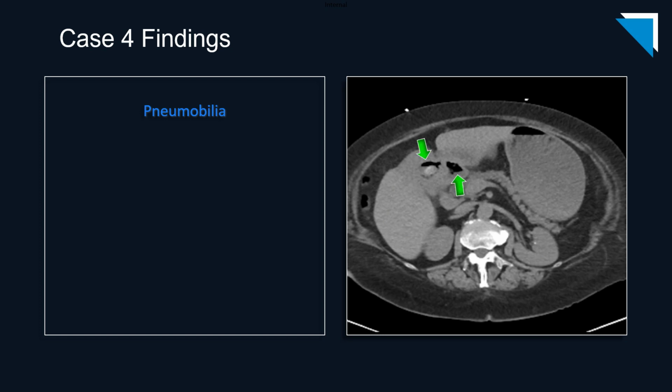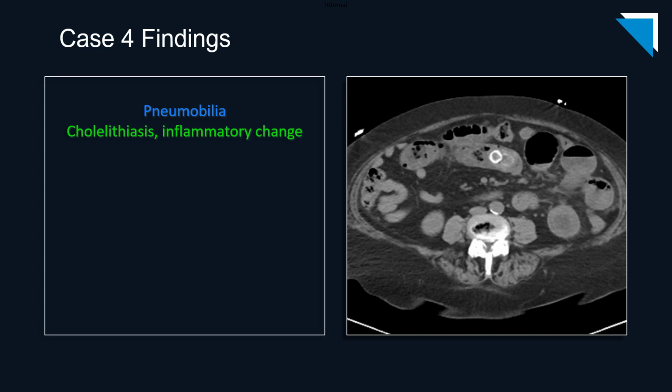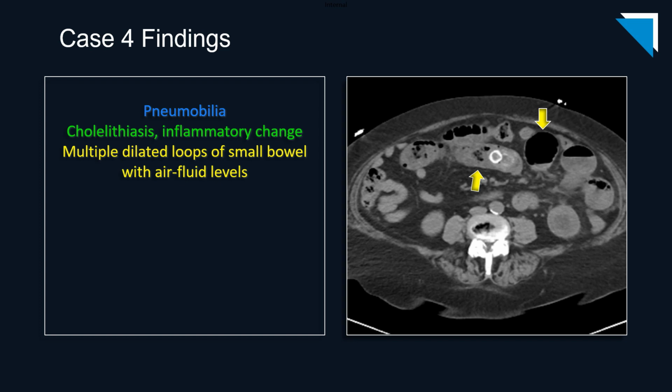There are gallstones with associated inflammatory change. More inferiorly still, there are multiple dilated loops of small bowel with air fluid levels, with intraluminal stones and fecalization in the region of the transition.